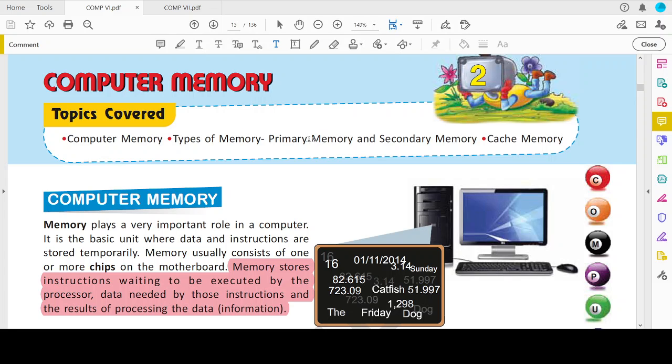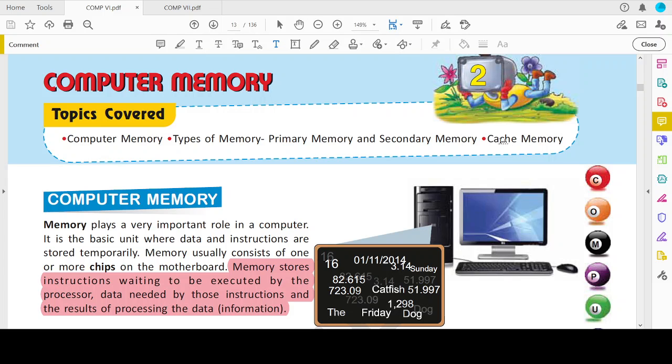And to match the speed of the processor, there is an even faster memory called the cache memory of the computer. This particular memory is built within the processor itself.